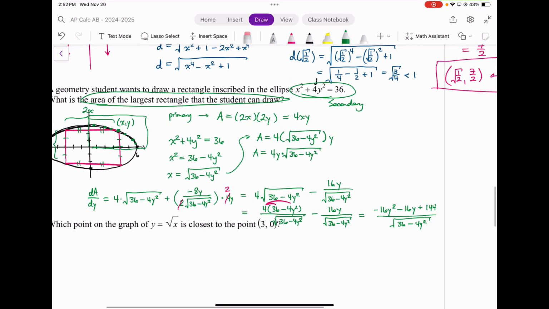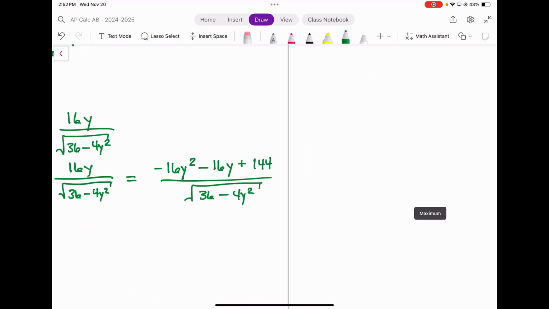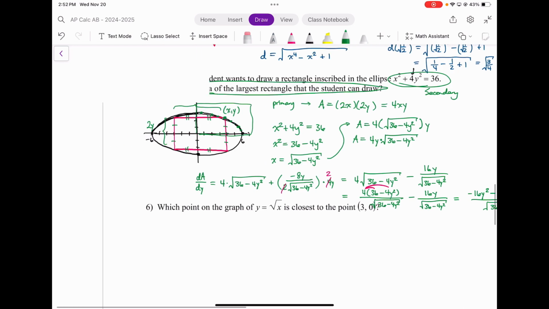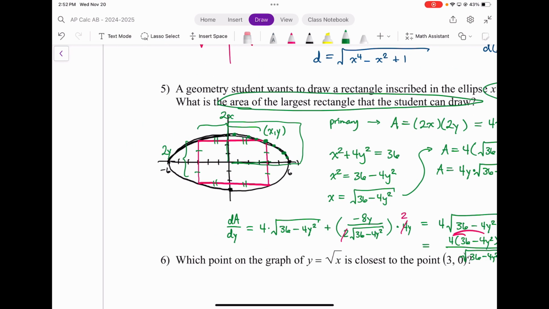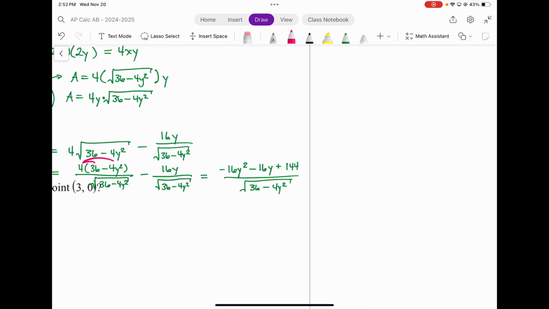And what's extra nice is because y can only be as big as 3, we really would only get one undefined critical point, which is at 3. But we know that if that were true, then our rectangle would literally just be zero area. All right, so we actually don't need to worry about the critical point at y equals 3. So really all we need to do is factor the top and solve for when this equals 0, right?